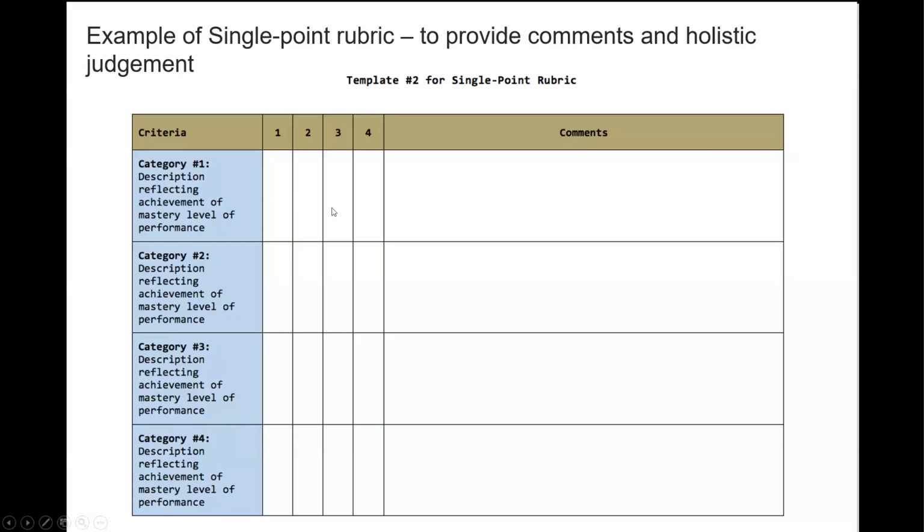But usually people won't. They just pick the column, but they will have to do qualitative written comments. So if you are teaching a small group class, it's okay for you to use this. If you're teaching a big number of students in your classroom, I don't think this is manageable and feasible.